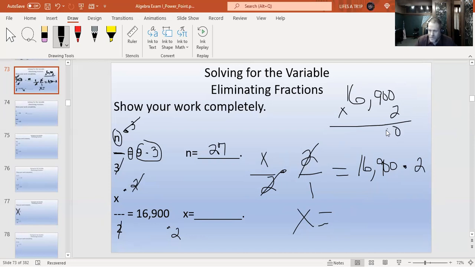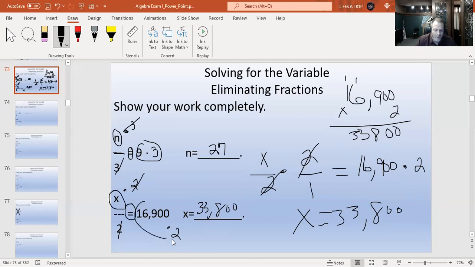That's going to be 0, 0, 18, 13, and 3. So it's going to be 33,800. Doing this in real time with you guys. And that's your answer. So x equals 33,800. All right, guys, let's go to the next one.